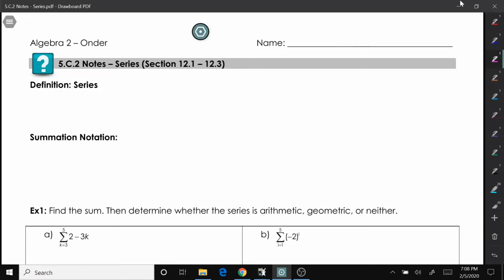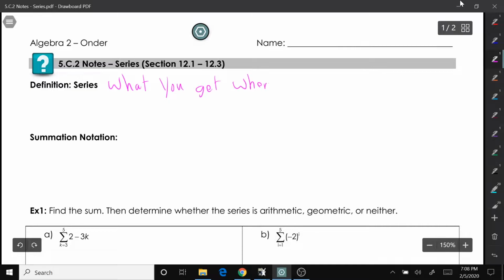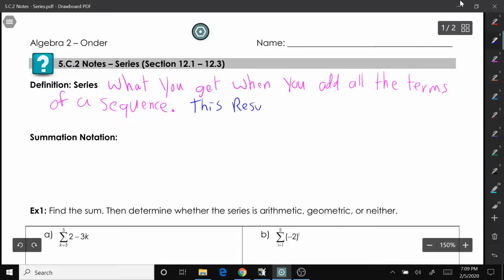And what a series is, it is what you get when you add all the terms of a sequence. This result is called a sum.